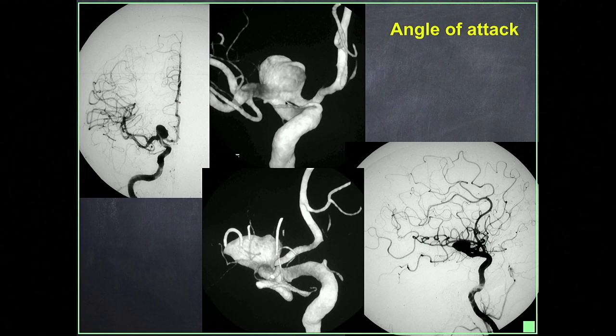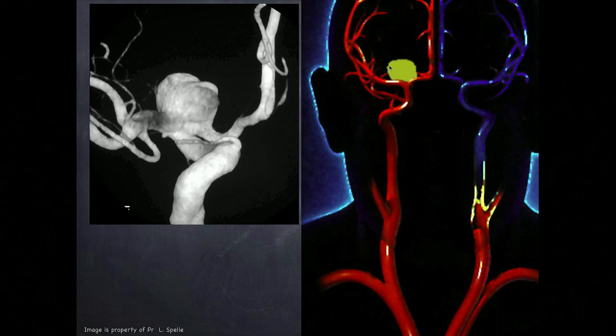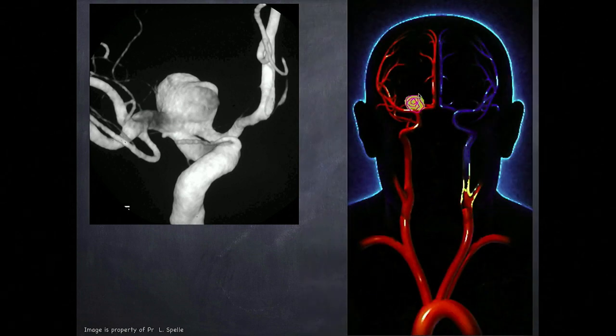So if you are considering treating this aneurysm without remodeling technique, you will have a protrusion of the coil. So you may place a balloon to protect M1, but you are exposed to have a protrusion in A1, which is not a big deal.